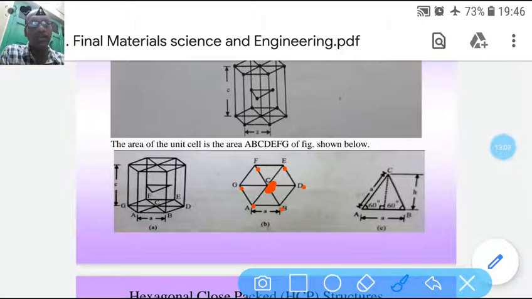This bottom face atom touches the corner atom.